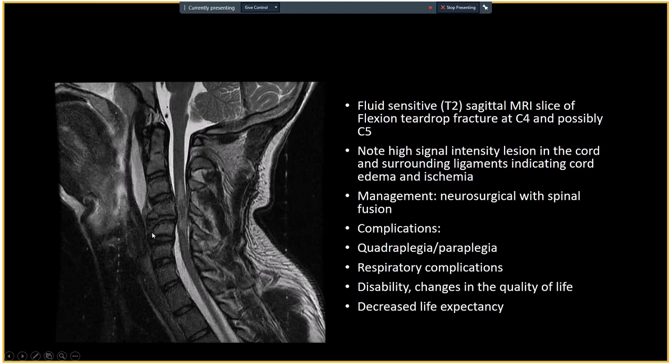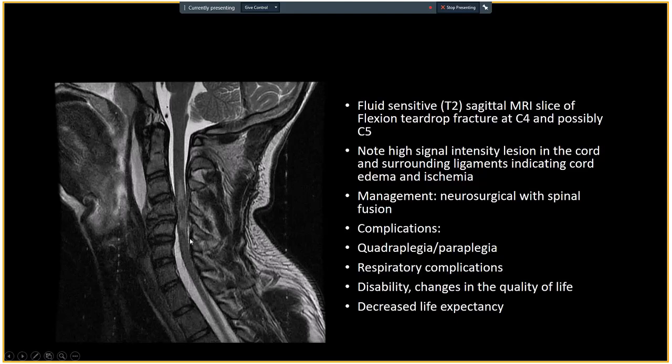That's another additional feature on plain film, CT or MR. You can see fanning or widening of the interspinal spaces with significant edema in that area. In addition, you can see a large high signal intensity in the cord with some areas of low signal indicating edema and probably some necrosis, post-ischemic changes in the cord.